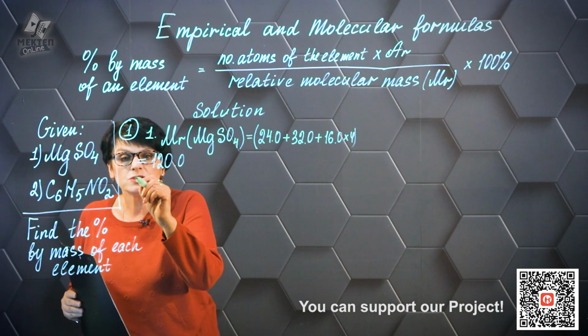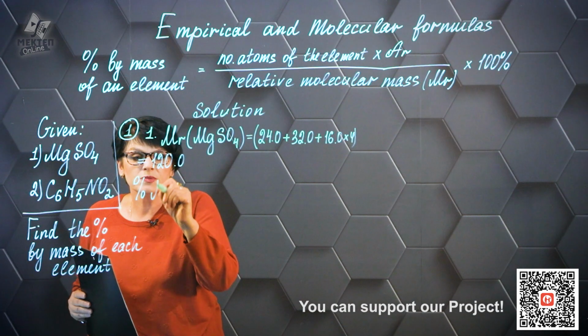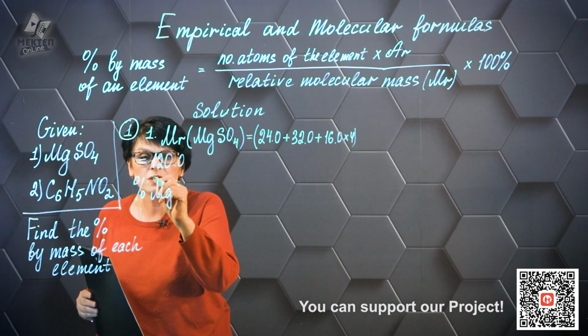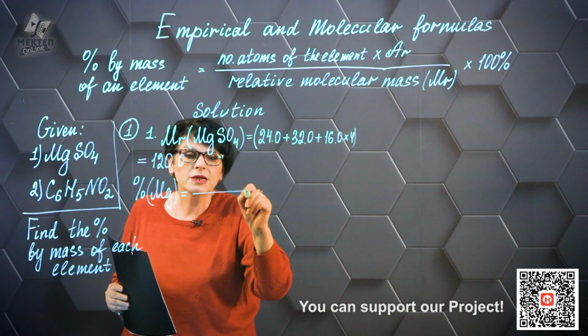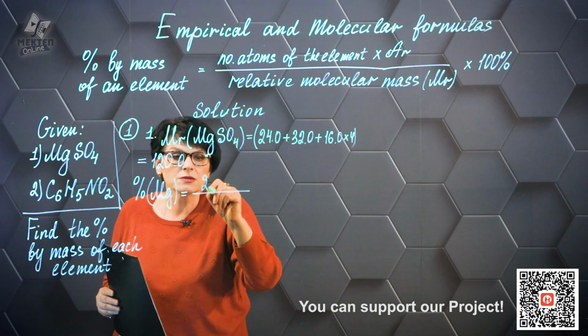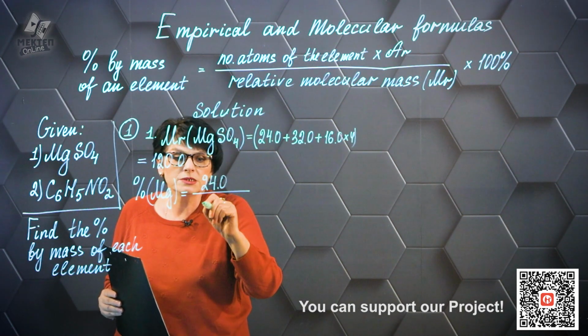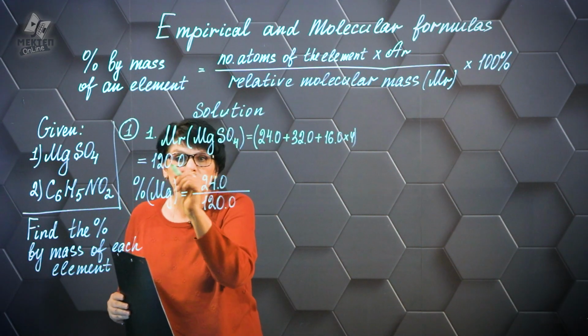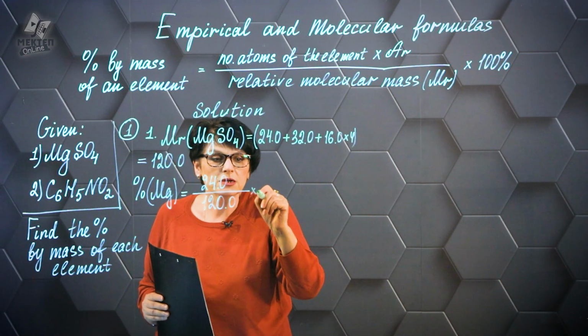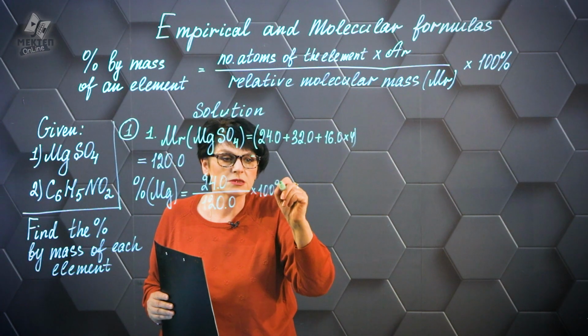Now we will calculate the percentage composition. The first element in our formula is magnesium. We make a substitution. For this, the mass of magnesium is 24. We divide by the mass of our substance, 120, and multiply by 100%.